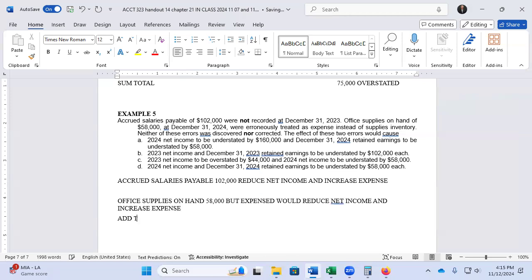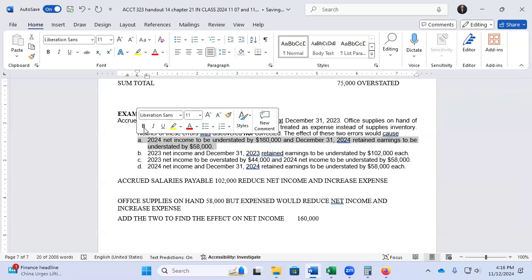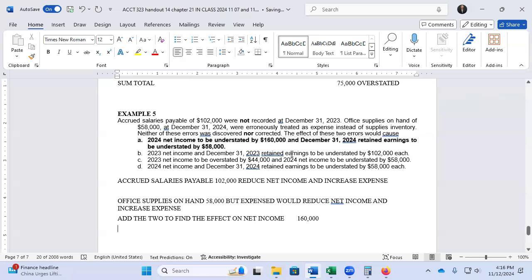So we have to add the two to find the effect on net income. And so that's 160,000. Since we only have one answer that has that, it's going to be B.